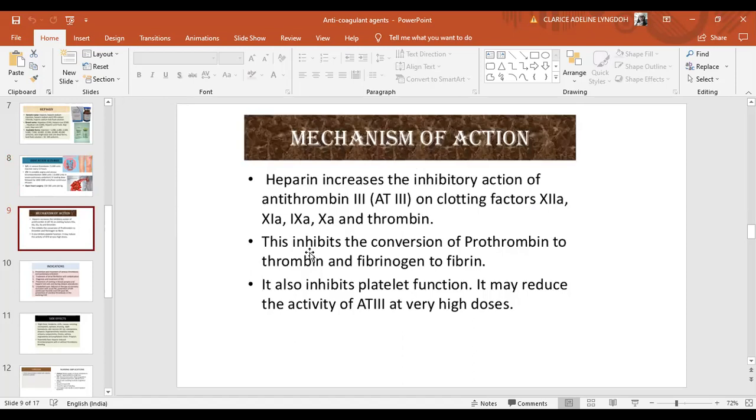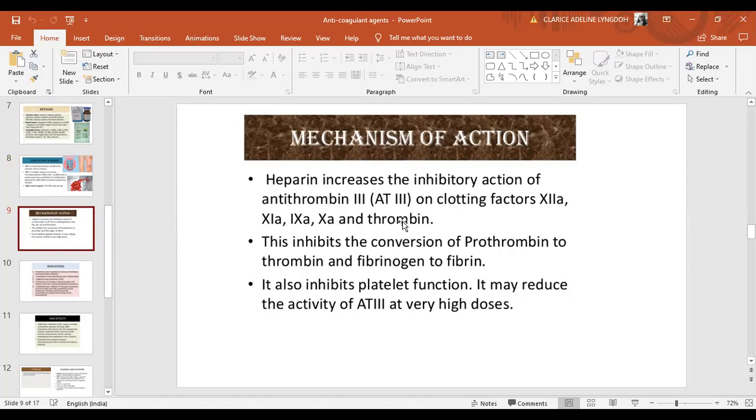So heparin, remember, increases the inhibitory action, meaning that it tries to stop the action of the clotting factors 12A, 11A, 9A, 10A, and prothrombin.